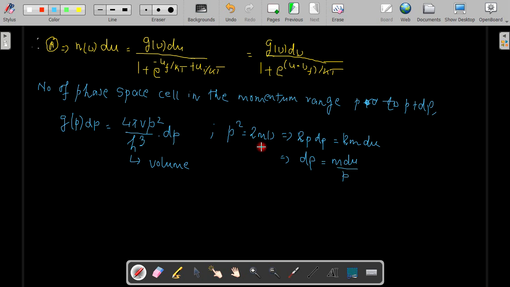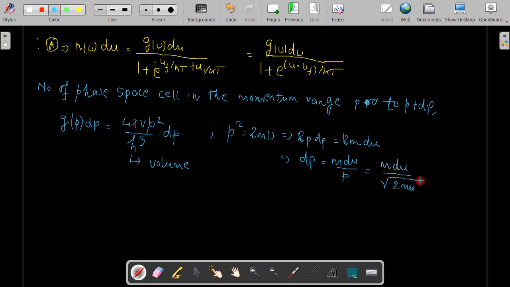So this is the result, but p is root over 2mu, so I can write all the terms in terms of du divided by root over 2mu. I can replace this result in g(u) du.